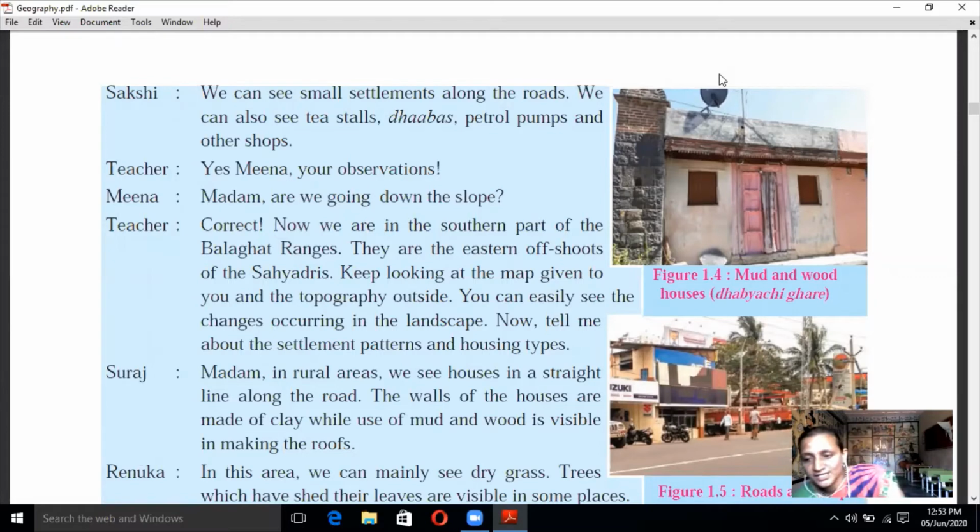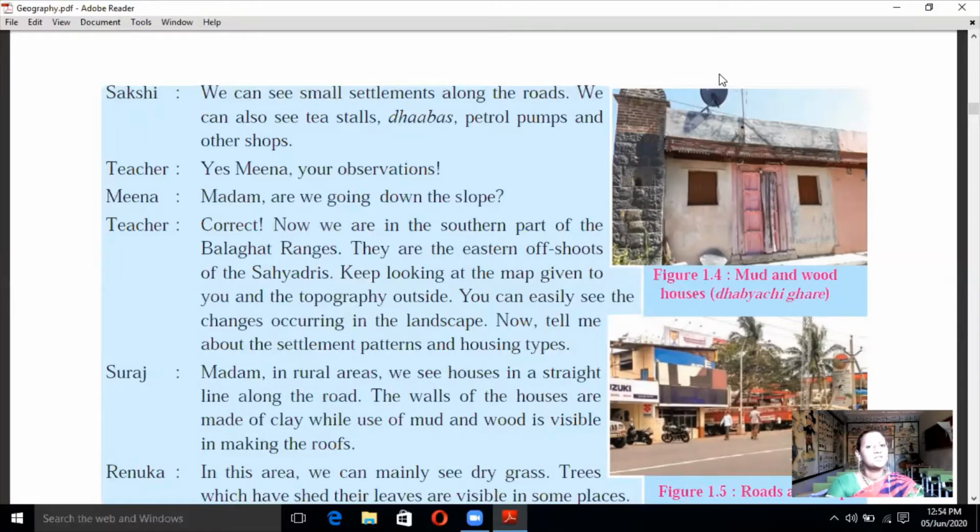At that time the teacher was very excited that students are observing everything in a deep manner and sharing their thoughts with their teacher. Again, Meena says to her teacher that they are going down a slope.